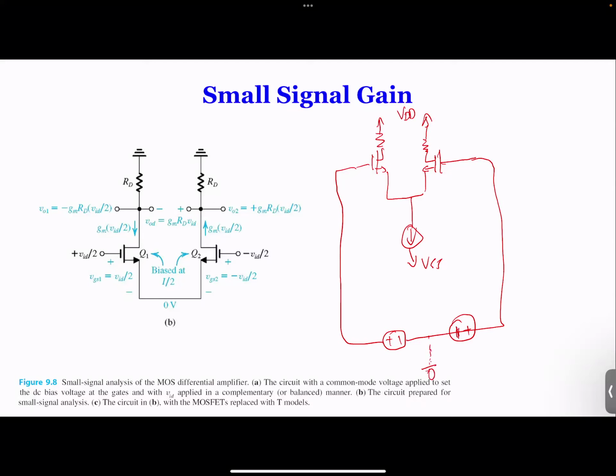But these two can be really just equivalent to one voltage, which is the difference between the two inputs. So that's what you have.